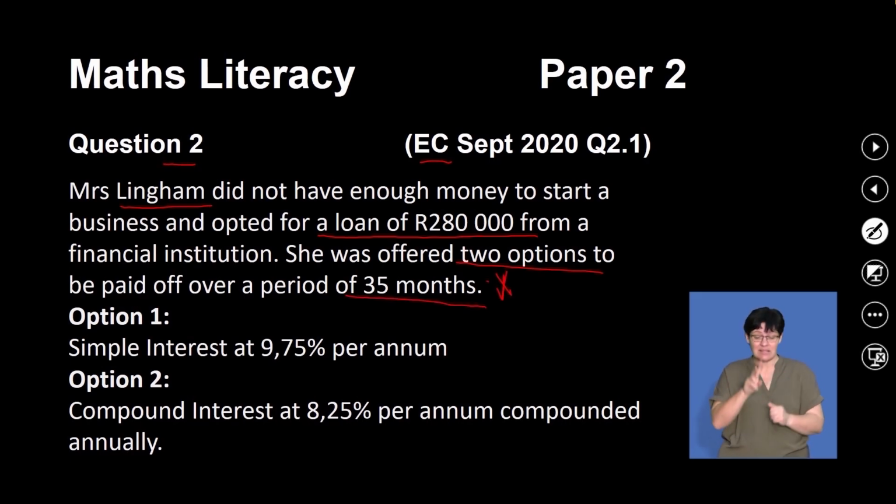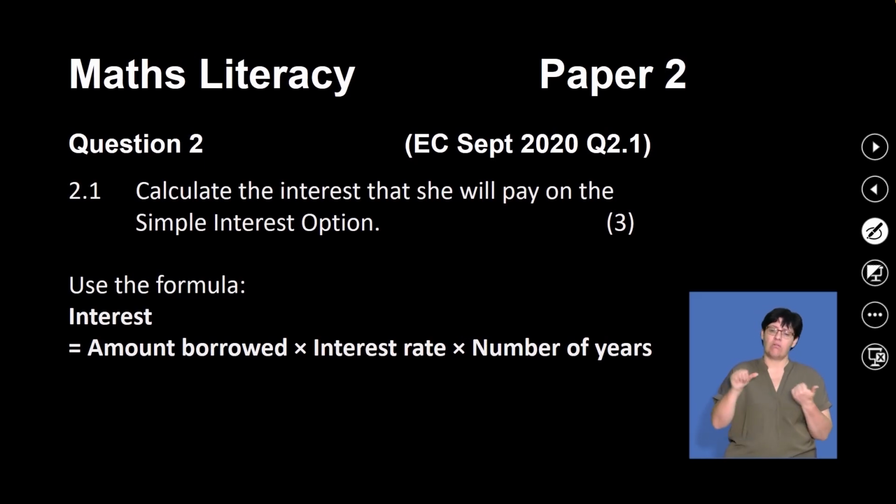When I see 35, immediately bells are going off in my head, and I'll explain to you why in a moment. Our first option is a simple interest option at 9.75% per annum, and our second is compound at 8.25% per annum compounded annually. I'm going to read the questions, and I'm going to come back to why the 36 was worrying me.